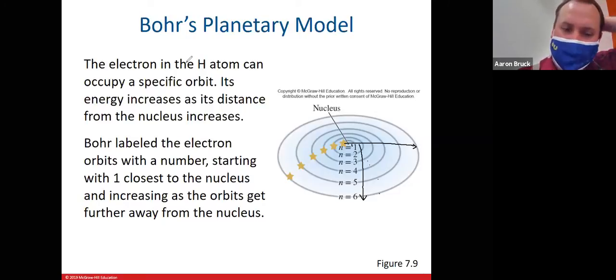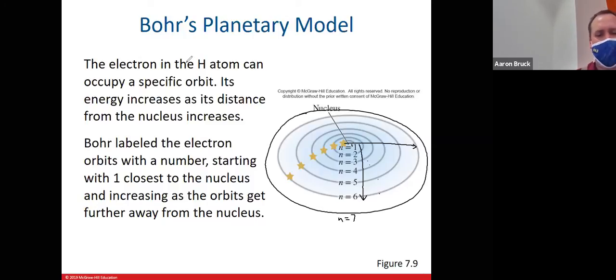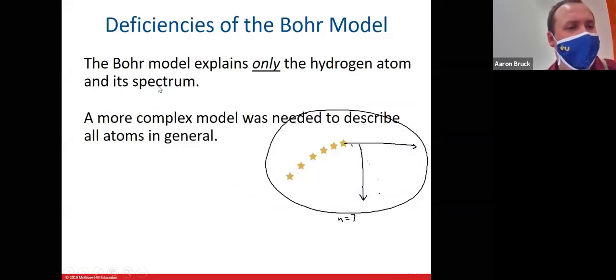So the second energy level, the third, the fourth, the fifth, the sixth. And even there's another one out here that we can talk about that we know does exist and does have electrons in it, depending upon how big the atom is. So that's Bohr's model.